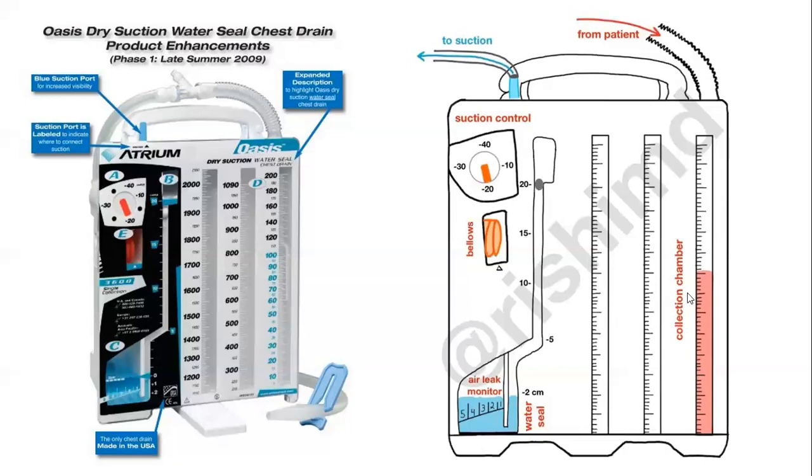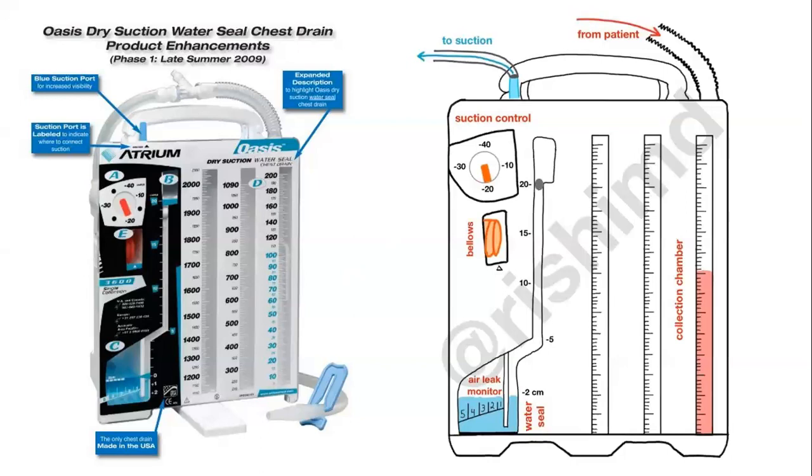This is the collecting chamber, and this one is called suction control. You also see the air leak monitoring. So there are three chambers, and it is very important to know the function of each.